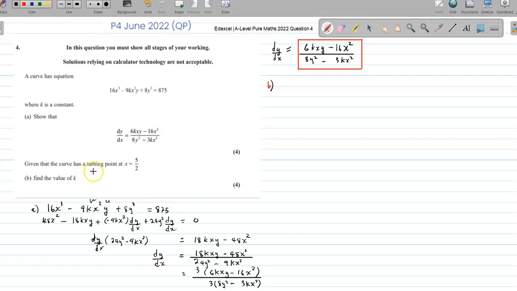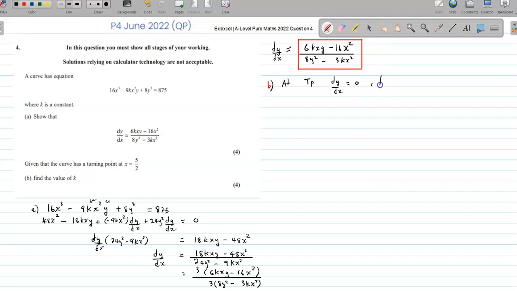So at a turning point, dy by dx equals 0. So let's write that. At turning point, I'm going to just use TP for turning point there. dy by dx equals 0.